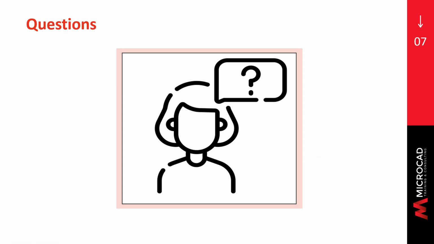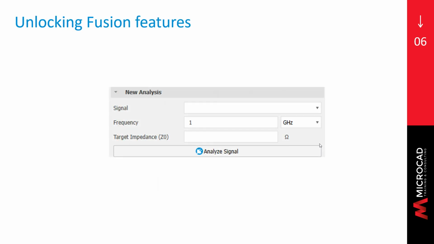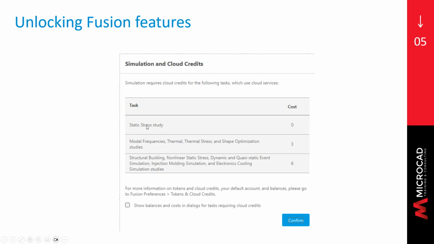Okay, the first question is, do I need to subscribe to the simulation extension to be able to run all the available analysis types? No. I mean, if you just want to run the static one, static stress, you don't need extension.